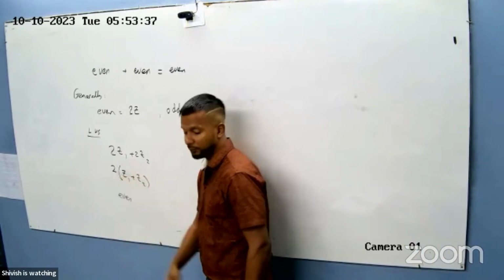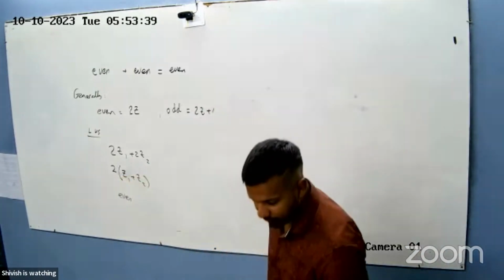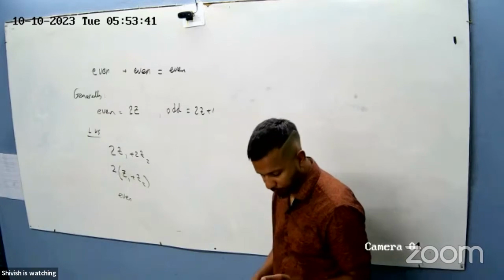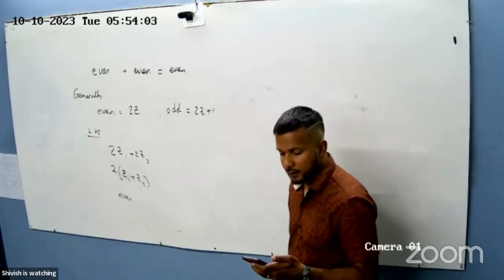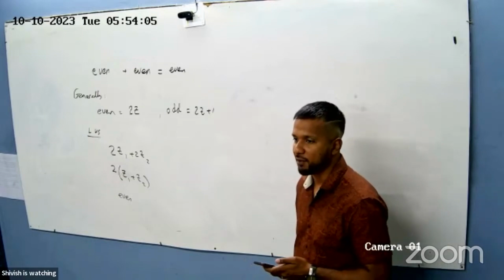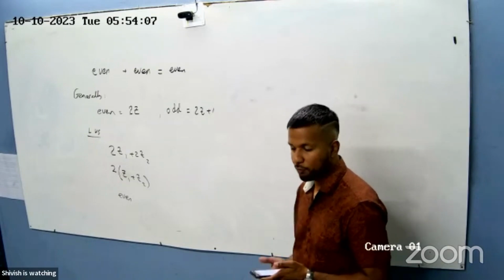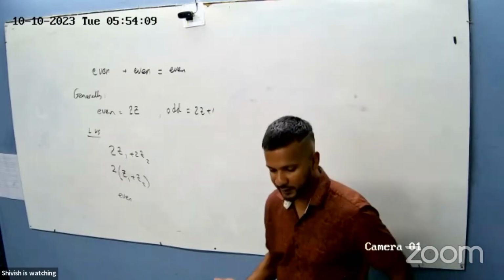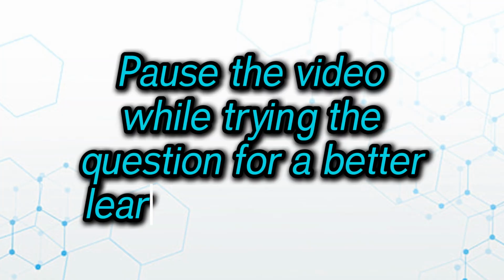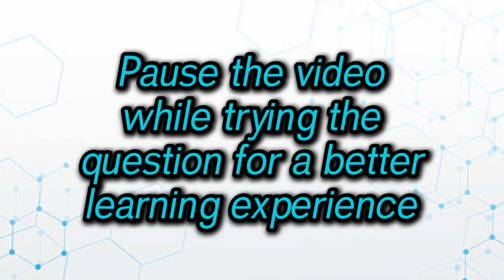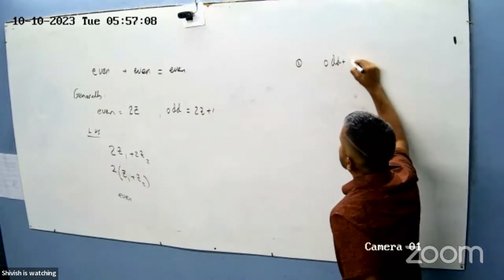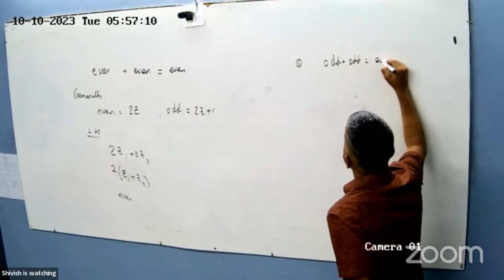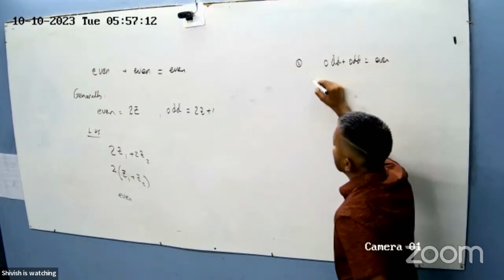All right. Let's go again. Number 2. Something similar. Prove that the sum of 2 odd numbers is always even. We said that the sum of 2 odd numbers is always even, right?